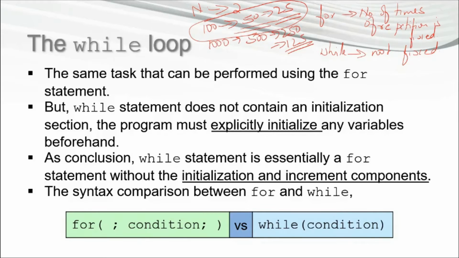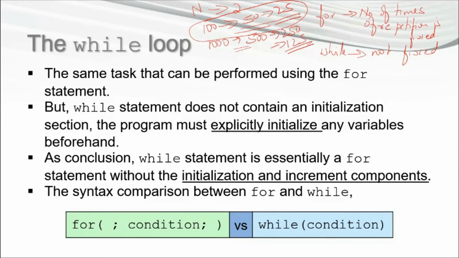So in this type of situation, we don't know how many times this particular operation is to be executed, but we know that a specific condition is to be satisfied. In this example, the condition is that the remainder while dividing by 2 is 0.